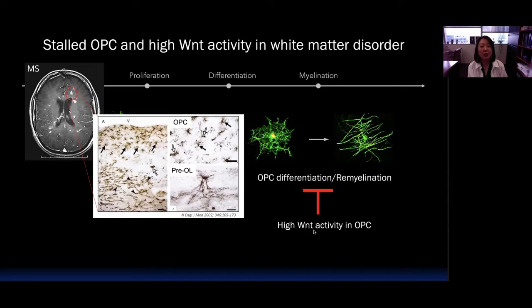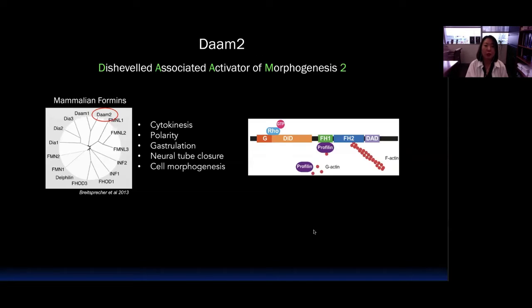So with this background, what I'm trying to tell you is that in oligodendrocyte lineage development and the repair process, cytoskeletal remodeling is important and Wnt signaling is important. For that reason, my lab is interested in a gene called DAAM2. It's a very unique name, the DAAM gene. This gene is a formin family member, and formins are important for cytoskeleton remodeling.